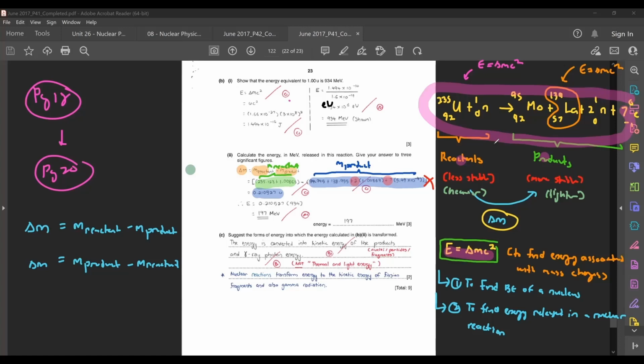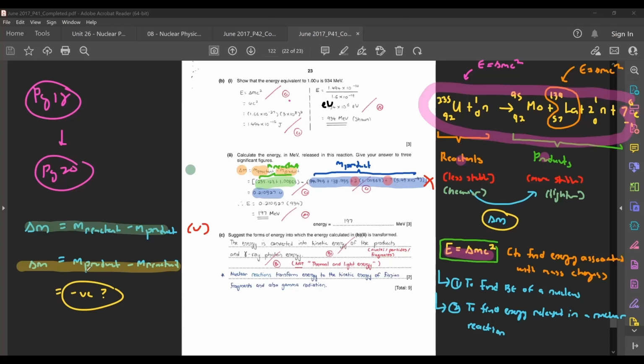Whatever I get at the end will be lighter. That's why when I take the mass of the reactant minus the mass of the product, I will get a positive value. This is what I tend to use. If you use it the other way around, you will get the same magnitude, just that maybe you get a negative answer. So don't bother so much about that.